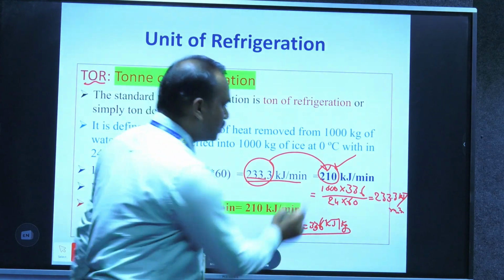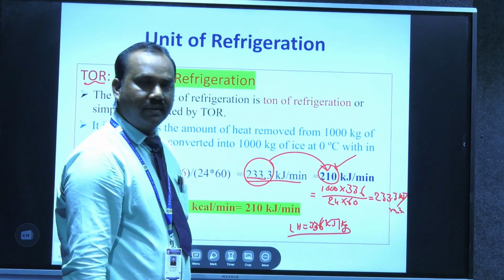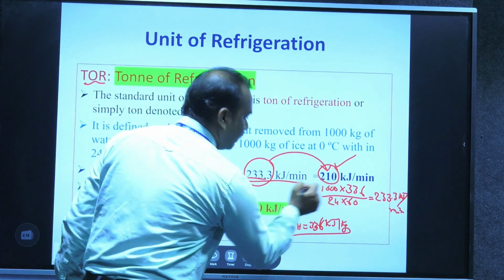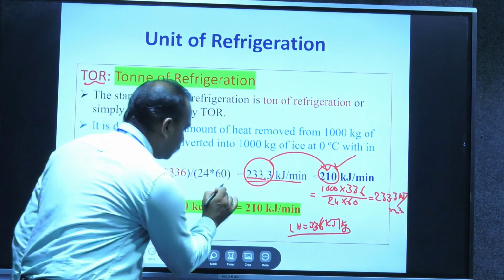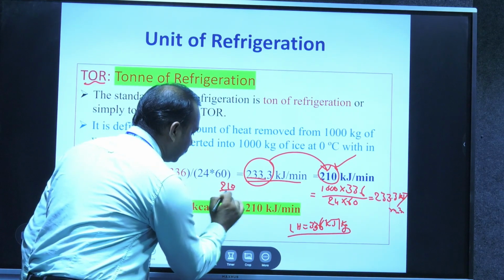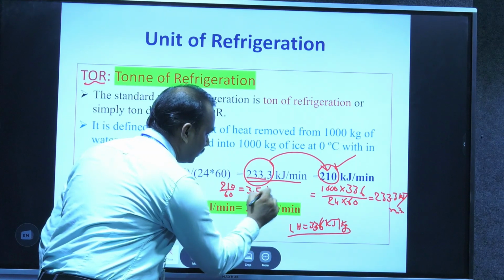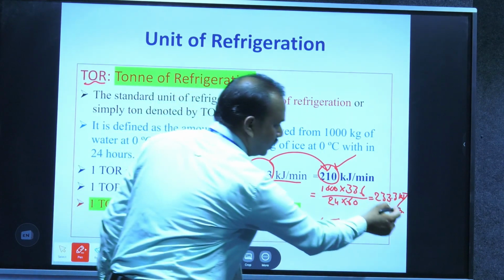If it is 210 kilojoule per minute, and I divide it by 60, so 210 by 60, then it is 3.5 kilojoule.